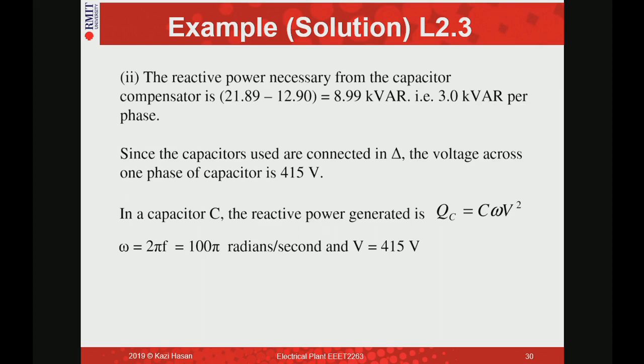Our QC is the 3 kilovar per phase reactive power required, omega is 2 pi f, and V is 450 volt.